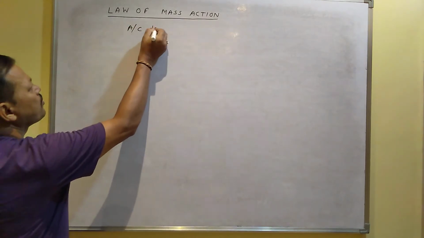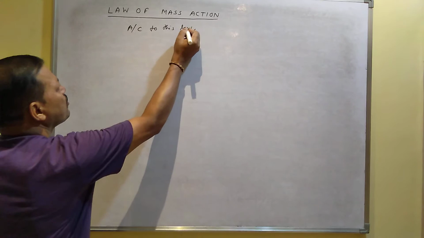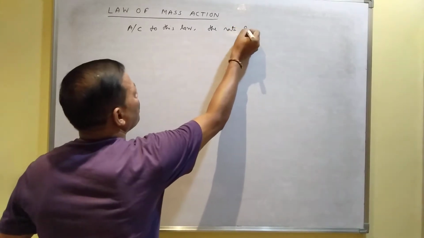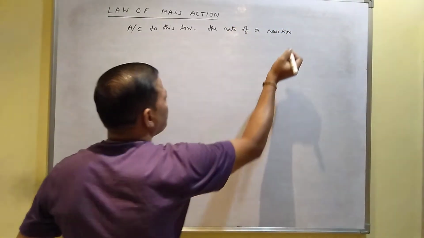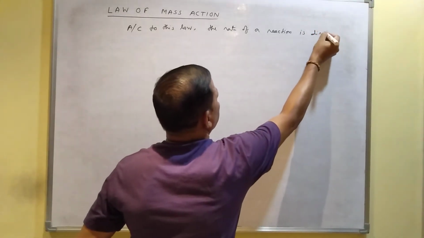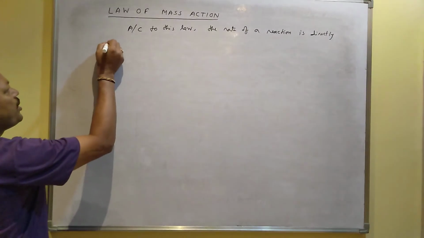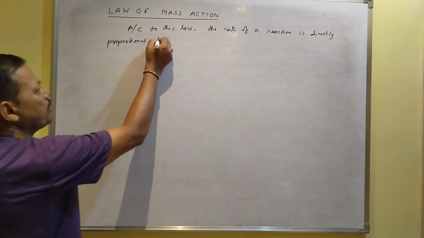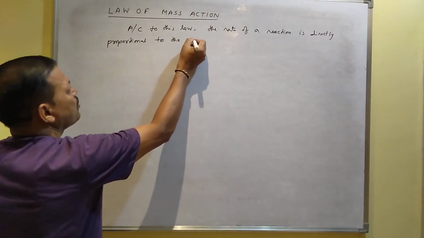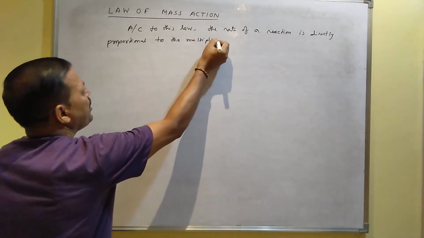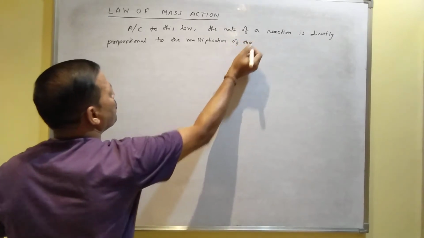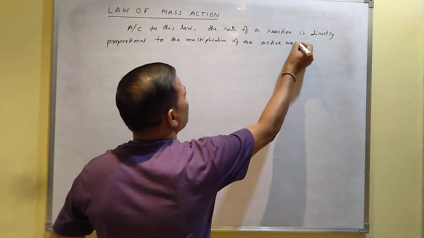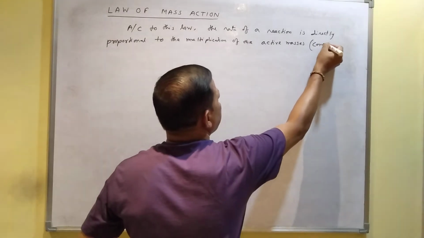According to this law, the rate of a reaction is directly proportional to the product of the multiplication of the active masses. Active masses means you can write concentration.